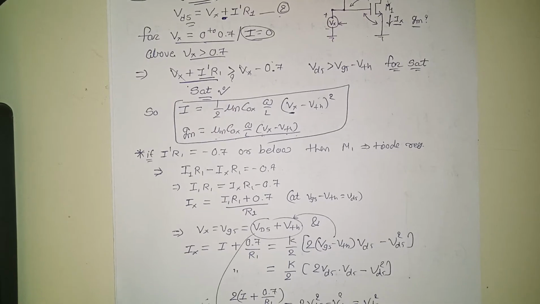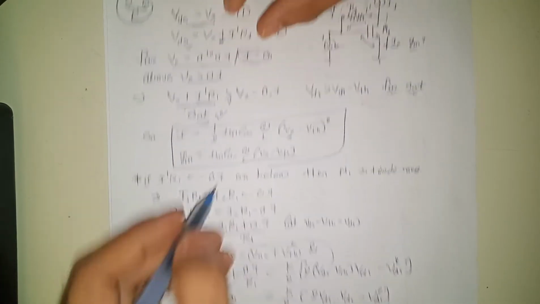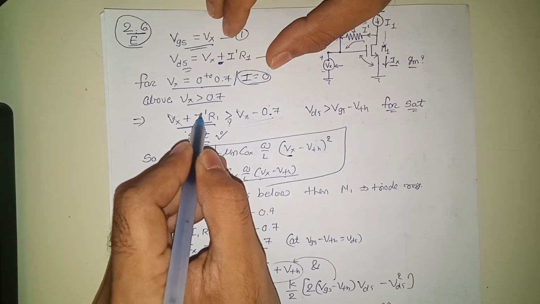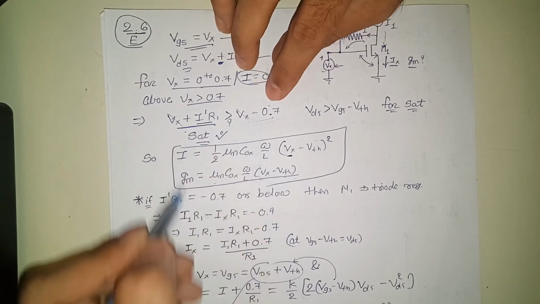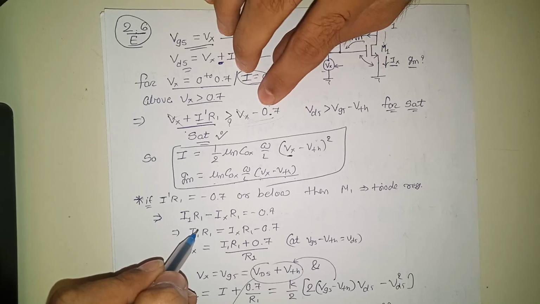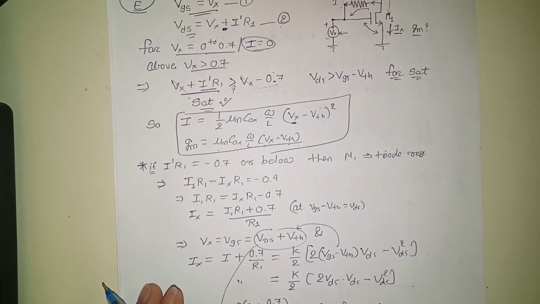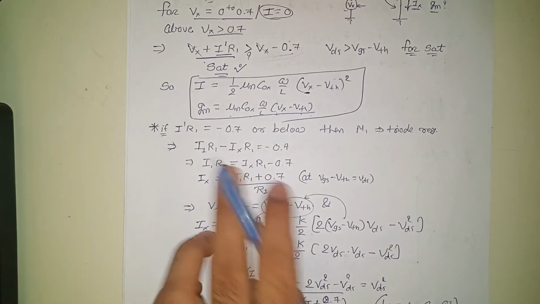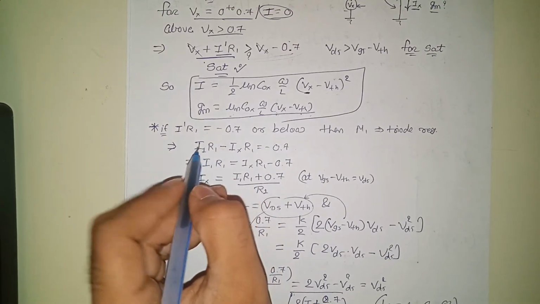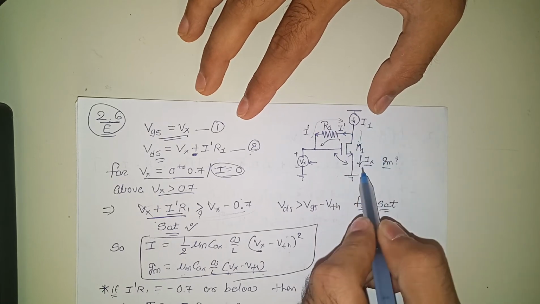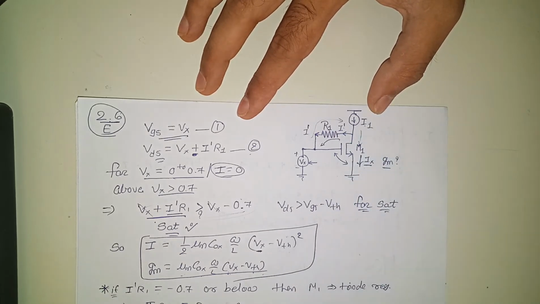Okay, so from this condition, what we can conclude is that if I dash R1 is less than this, or equal to maybe, then M1 will be in triode. So what is that saying? I dash you can replace here. See, I dash is I1 minus Ix.